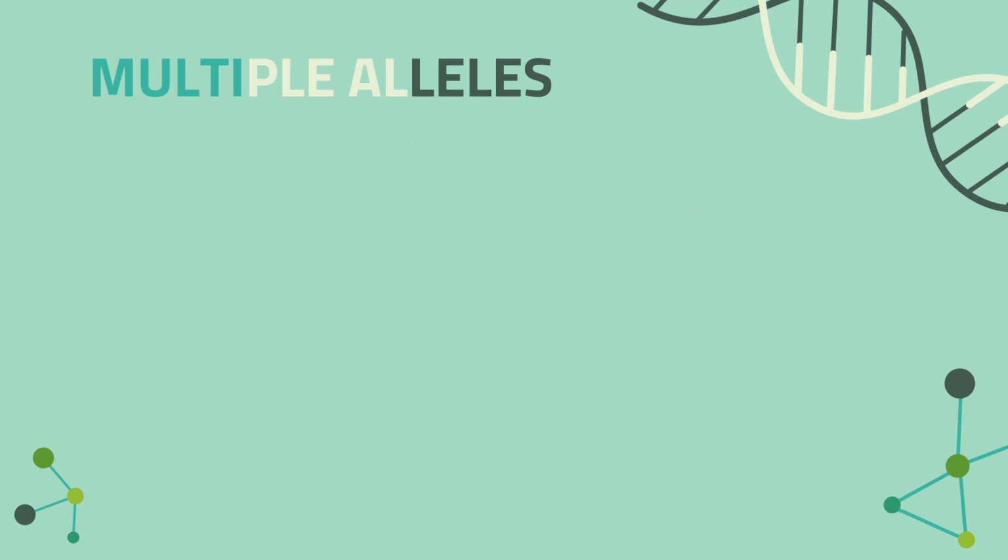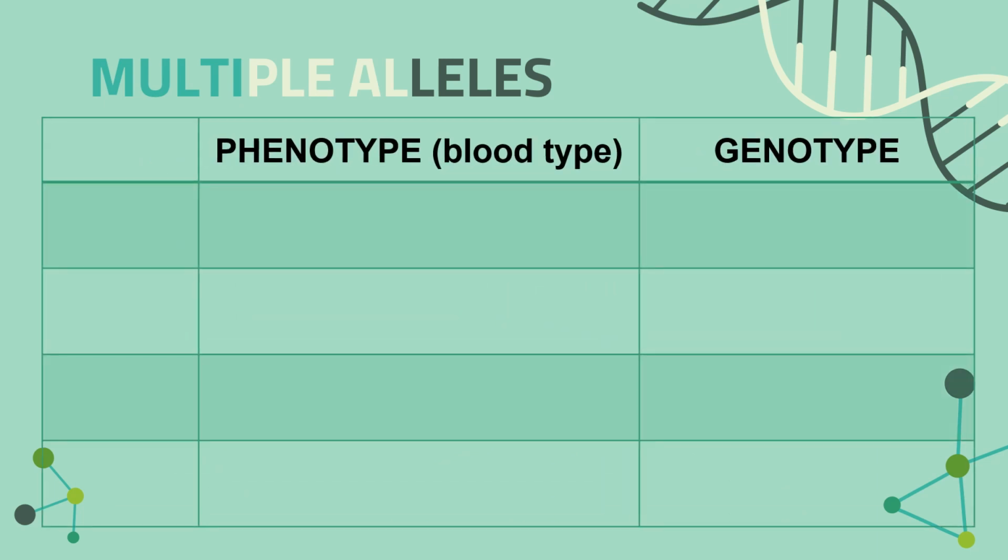Let's find out the possible genotypes for each blood type. The phenotypes for the types of blood will be the same as its name: A, B, AB, and O. Remembering the order of dominance that we discussed a while ago, I^A and I^B are both dominant, while lowercase i is recessive. So what do you think are the possible genotypes for blood type A?